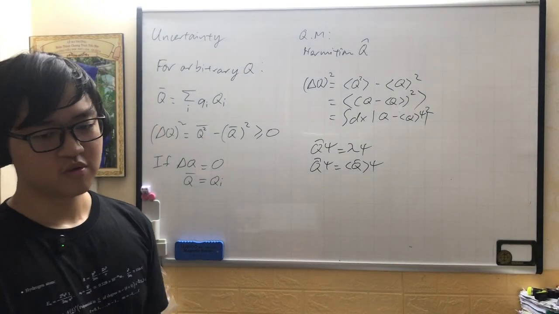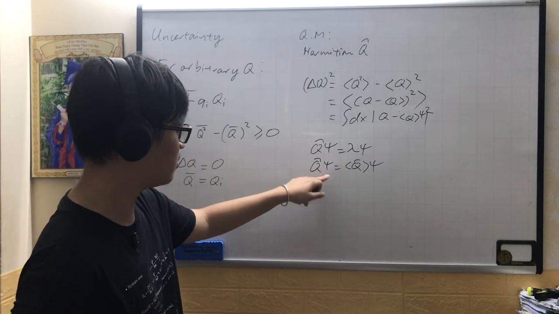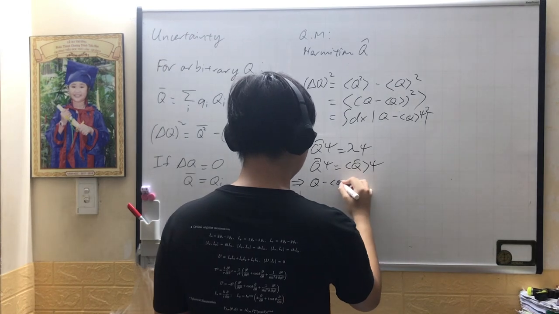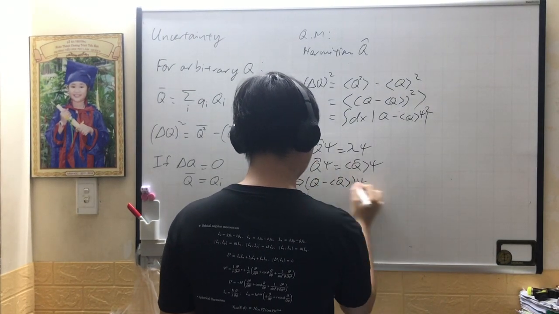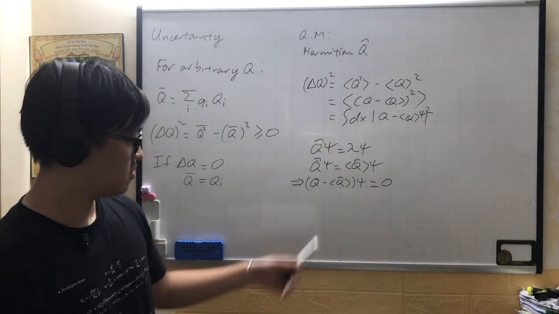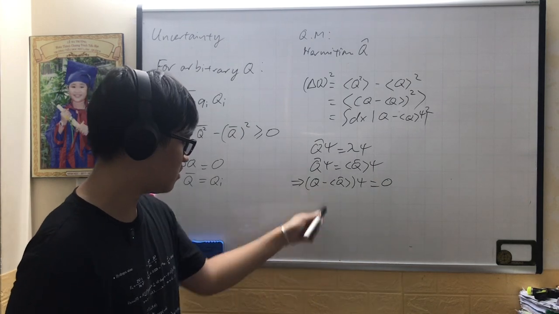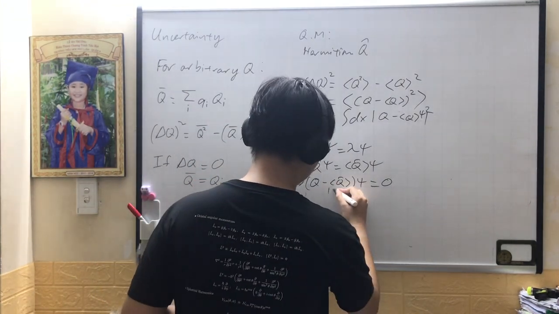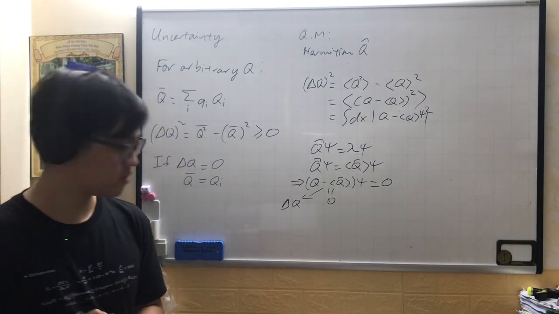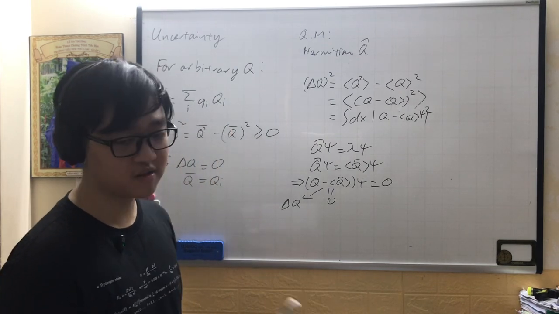So what you would get from this is you group these two together and they would be equal to 0, and therefore this part is equal to 0. And what is this part? This part is your uncertainty. So the uncertainty in psi, if psi is an eigenstate, is 0.